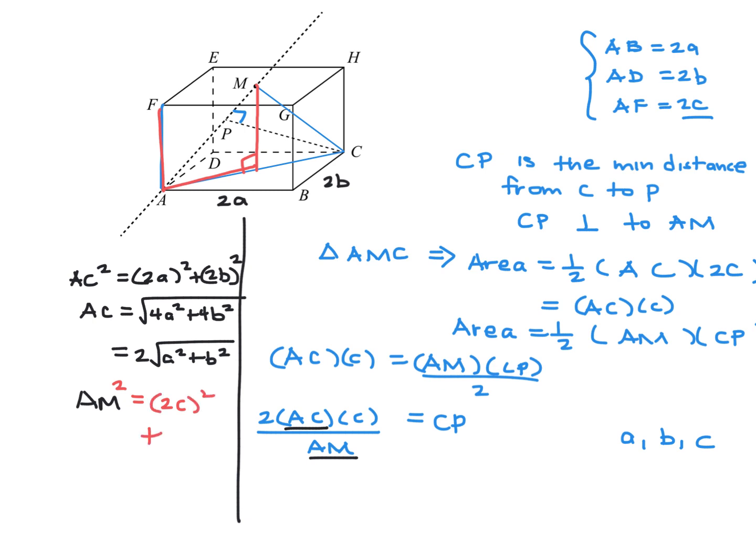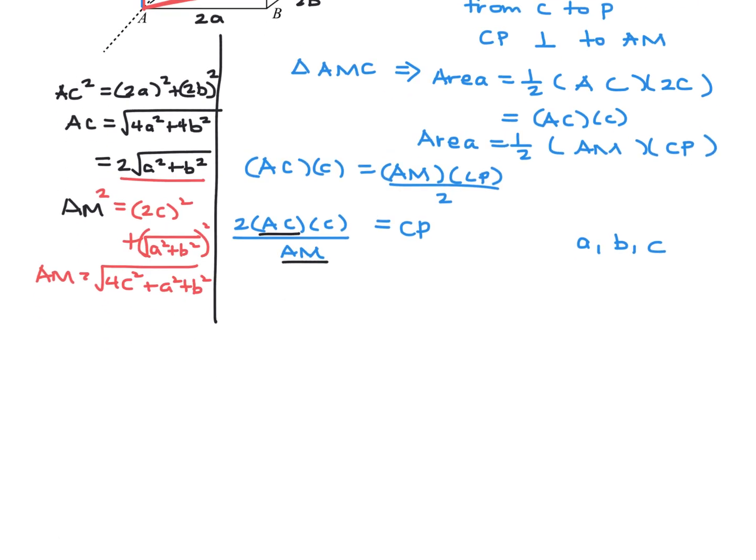And then from here to here, it looks to me like it's going to be the half of AC. So if this is AC, half of that, so the square root of A squared plus B squared, and then all squared. Okay, so that means AM would be the square root of 4C squared plus A squared plus B squared. Yes. Okay, so we got everything.